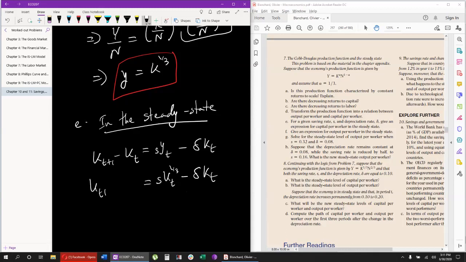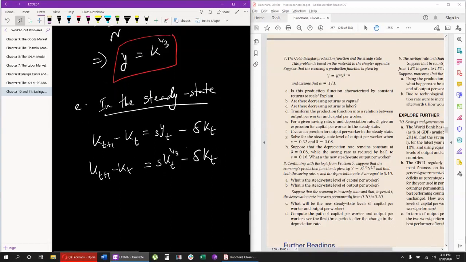This is k_{t+1} minus k_t. What we know is that as long as investment is more than depreciation, this is investment, this is depreciation, capital stock is increasing. And when investment is less than depreciation, capital stock is decreasing.